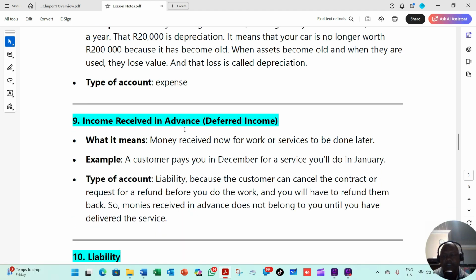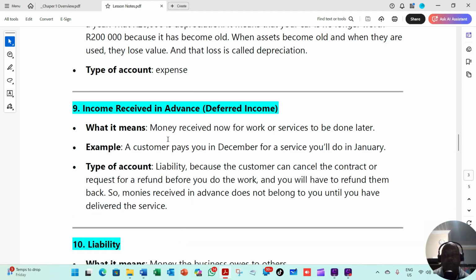And then the next concept is the income received in advance, otherwise known as deferred income. So an income received in advance, you should know this term. In advance means it's like saying for the future.